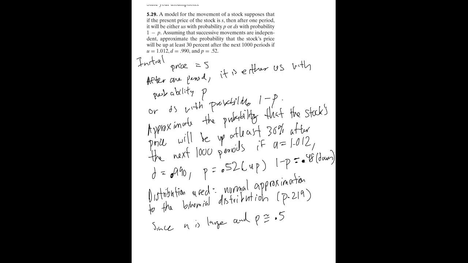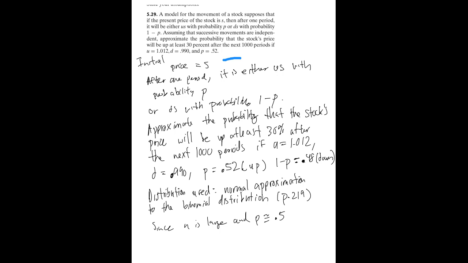Okay, hi everyone. So in this problem, we were given a stock price given by S, and it either goes up by a factor of 1.012, or down by a factor of 0.990, with probability 0.52.